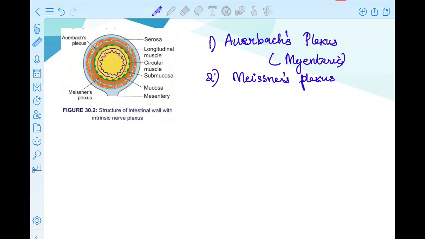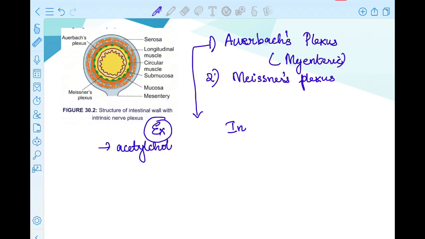So, what are they? Auerbach's plexus or the myenteric plexus is located between the inner circular and the outer longitudinal muscle layers. What Auerbach's plexus does is regulate the GI movements. Excitatory fibers can have one action, while inhibitory fibers show a different action. The excitatory fibers secrete excitatory neurotransmitters like acetylcholine.